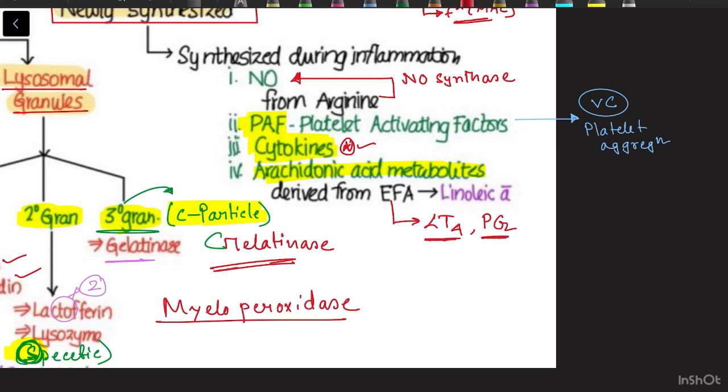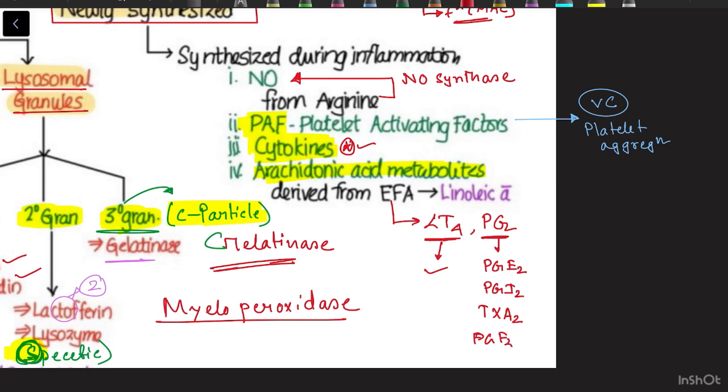You just have to know the various functions of leukotrienes and prostaglandins, like PGE2 for pain and fever. PGI2, prostacyclin, is a vasodilator and an antiplatelet aggregating molecule. Thromboxane A2 is a vasoconstrictor and a platelet aggregator. Like this, there are certain parts.